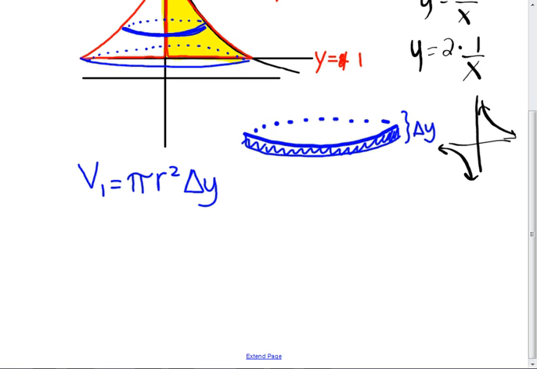Let's put the radius in. This is the radius, so I'm going to put it in up here. Which coordinate is the radius? R is equal to x. It's all geometry. So this is going to be x.